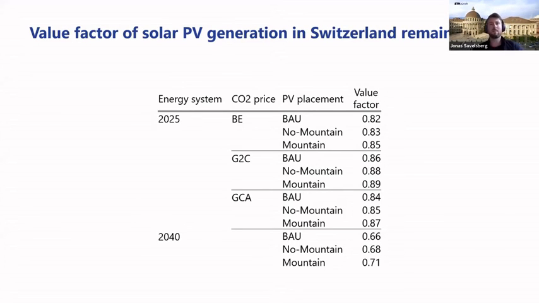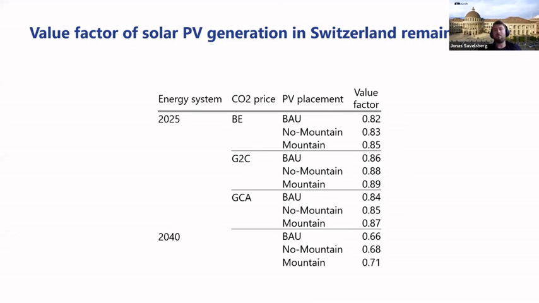So we have looked at the value factors, and what we find is that, of course, at this very high penetration rate, as I mentioned in the introduction, of 25 terawatt hours of solar PV production in Switzerland, which is about 40% of present Swiss load, we have value factors strongly below 1.